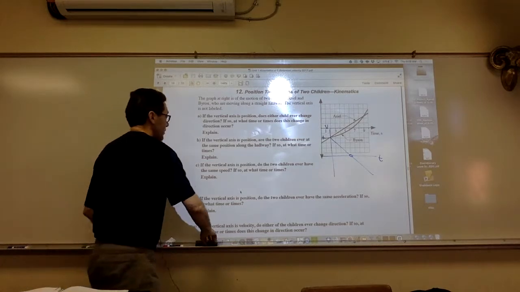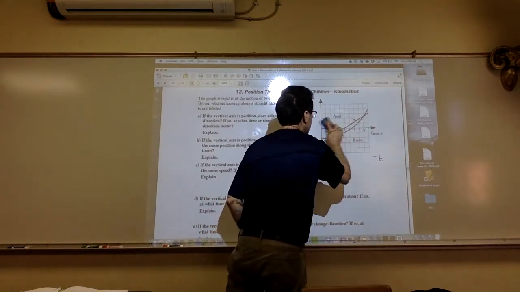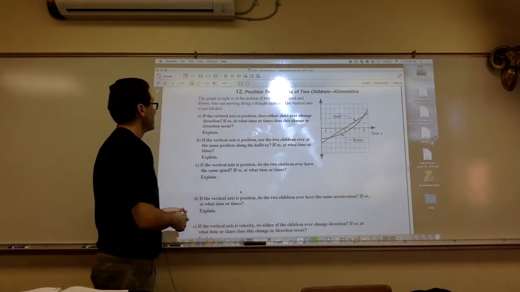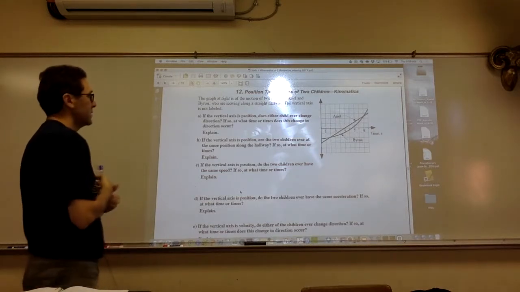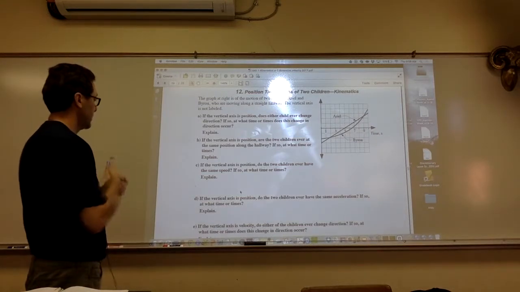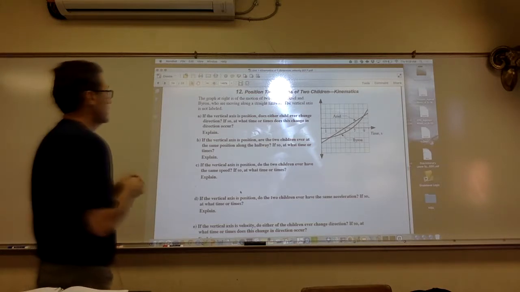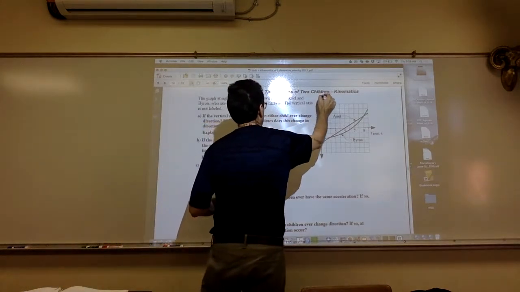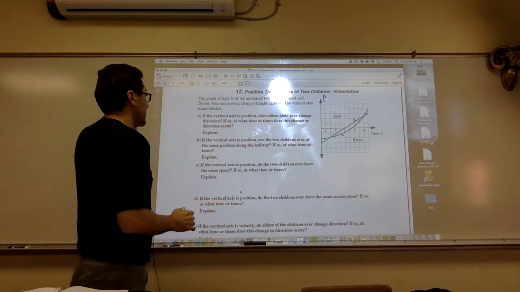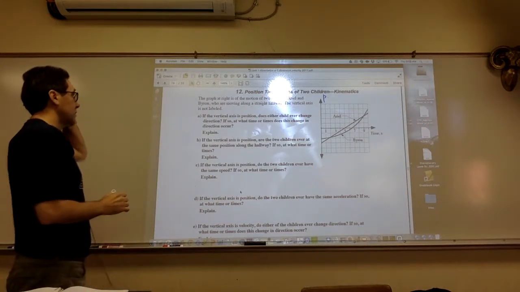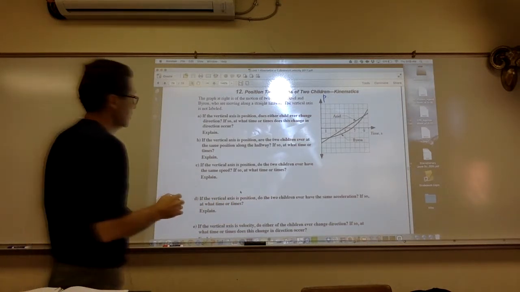All right, number 12. All right, here again, it doesn't tell us what kind of graph it is, but they keep changing it. So if the vertical axis is position, okay, so if I make this position here, okay, does either child ever change direction? No, they don't.